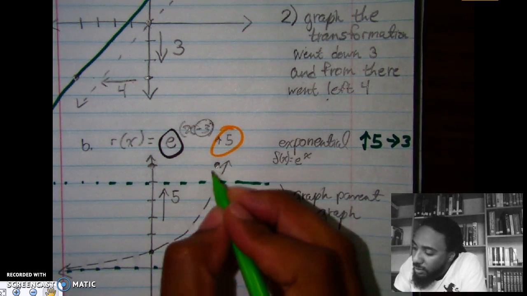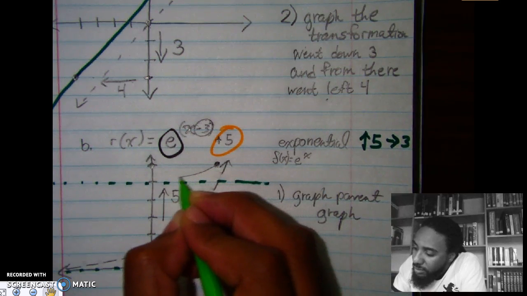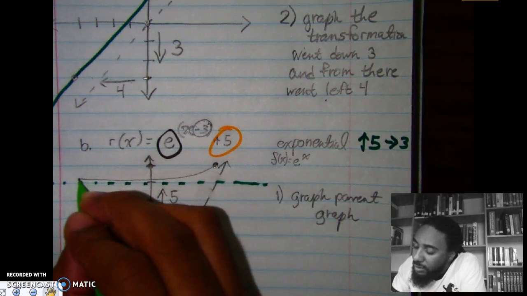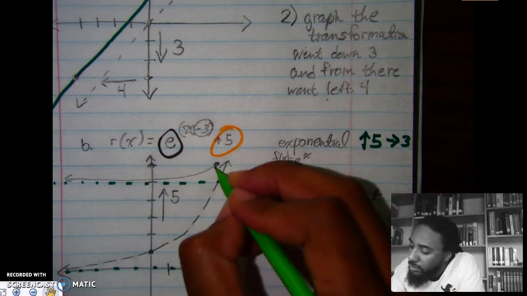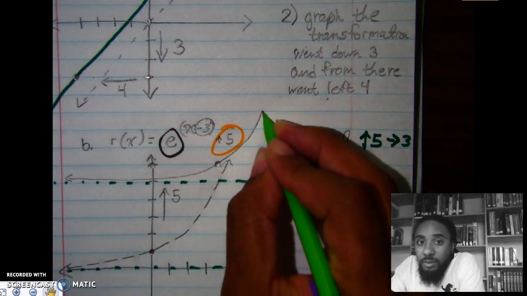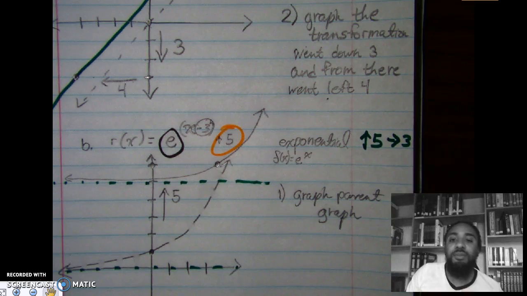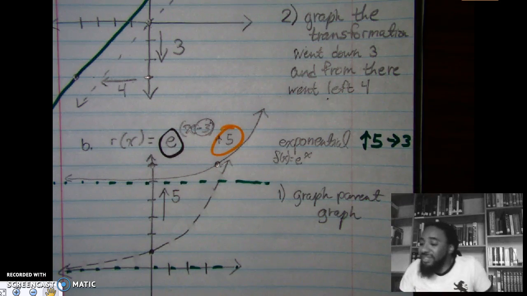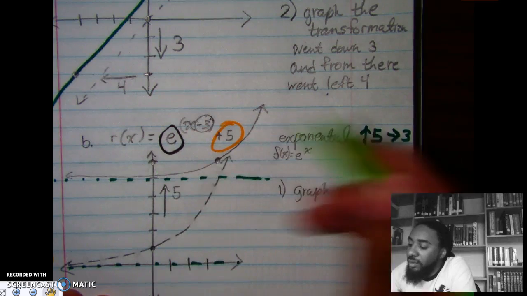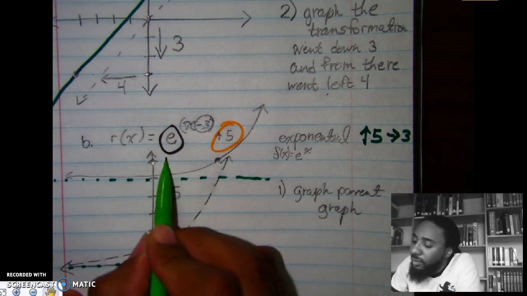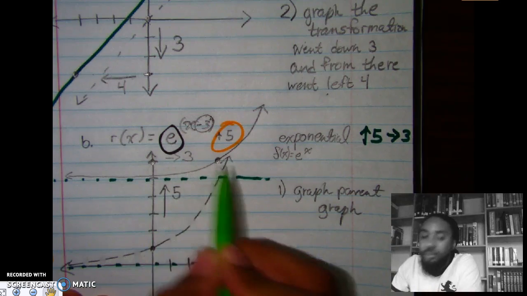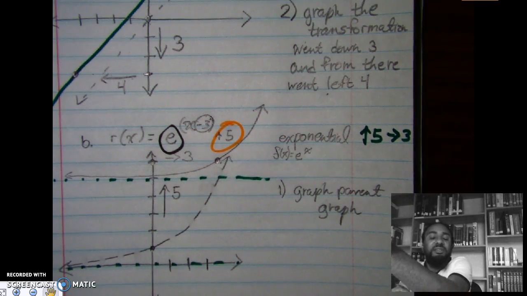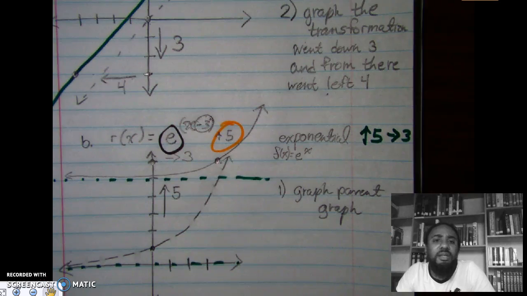And the graph is going to go like this. Again, don't touch the asymptotes. And it goes up. That one's a little funky looking, a little weird one. But again, we went up 5 to this point here, and then from that point we went over 3. I know there's a lot of stuff going on here, and it's kind of fuzzy. But that's the way we're doing it.